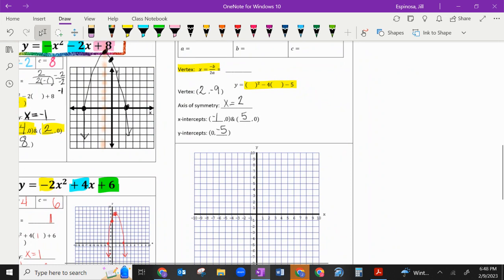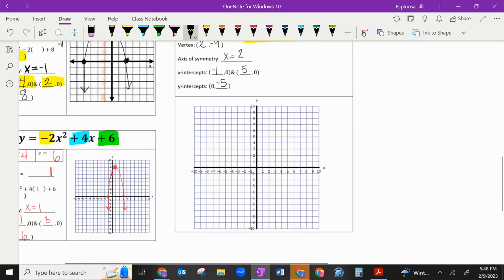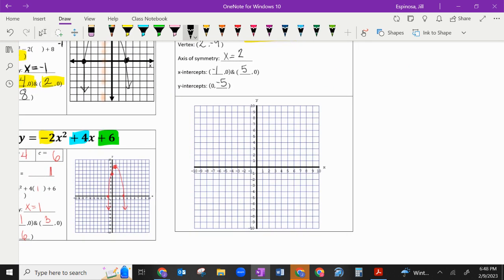So when you go to graph that, 2, -9 would be down here, -1, 0, based on your x-intercept, 5, 0, 0, -5. So you have those points to graph from.